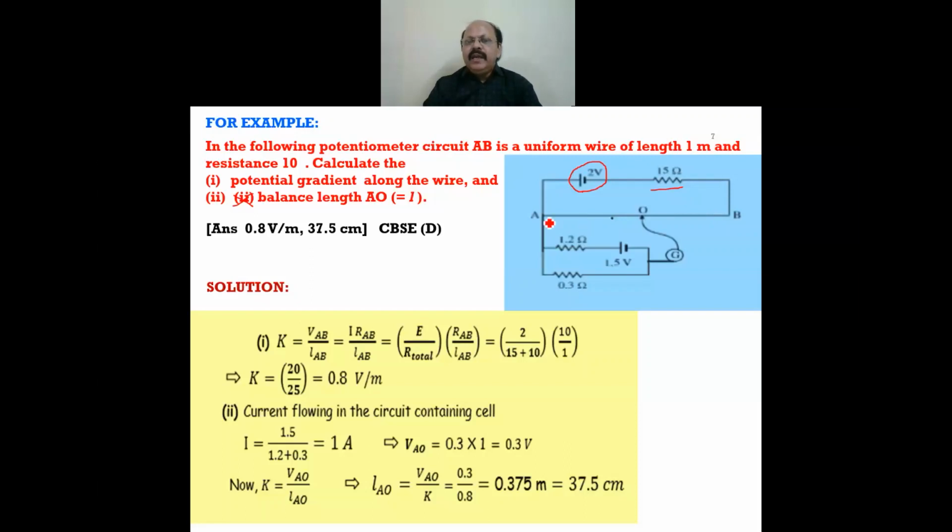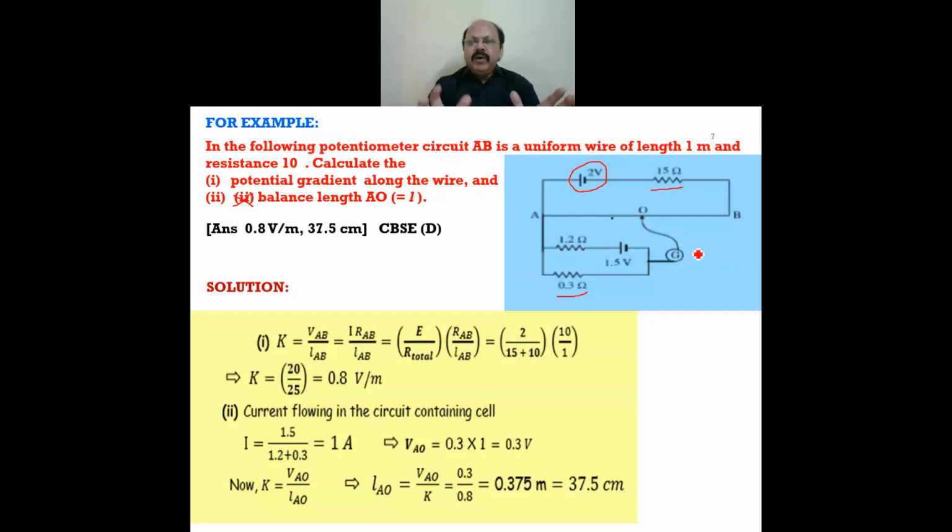And at the A point, one cell of EMF 1.5 volt with its internal resistance 1.2 ohm is connected along with an external resistance 0.3 ohm, with a galvanometer along with a jockey. So this point O is the balance point. AO is the balancing length, which is represented by l, that you have to calculate.